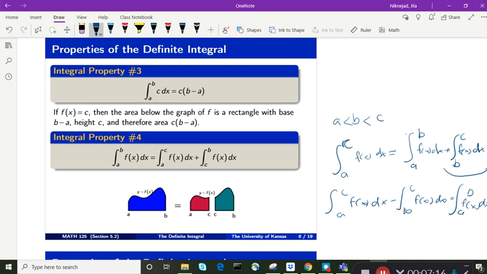Oh, there was another property, wasn't there? Let's rewrite it. If I switch the two bounds, the sign changes. And so I end up with this. So in this case, when C is not inside the interval A and B, I still got the same value that I got over there.